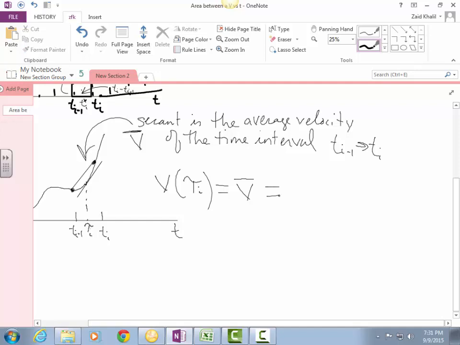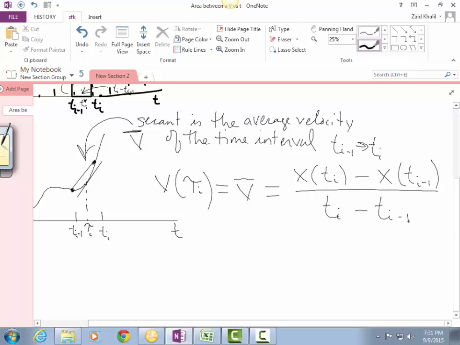So change in position is going to be x at t_i minus x at t_{i-1}, divided by the change in time, t_i minus t_{i-1}. And notice that's the average velocity of that time interval, called v bar i.